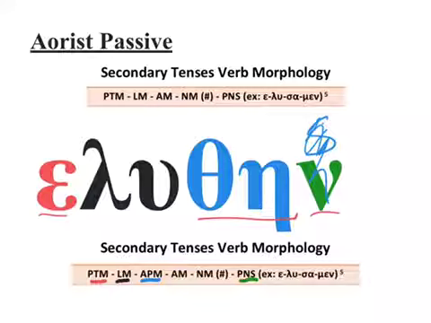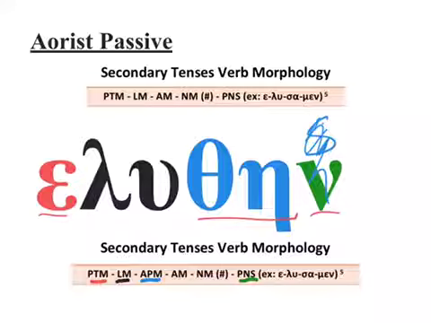So the men at the end, eluthe men, that would be we were loosed. Eluthete, that would be you all were loosed. So the eta is actually going to act as the connecting, the neutral morpheme. So you won't see a neutral morpheme on those.